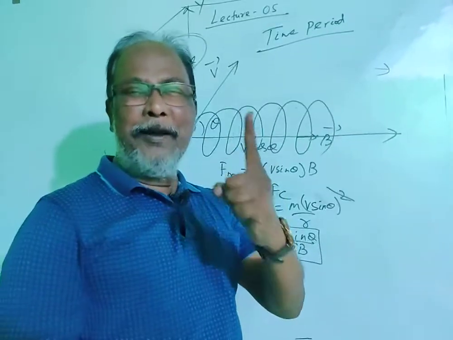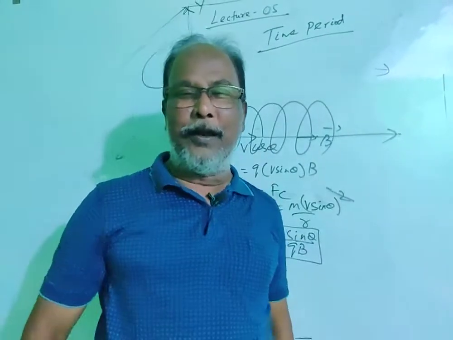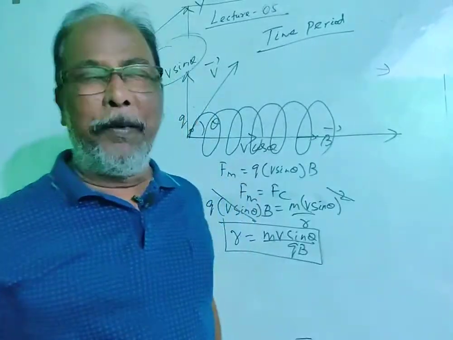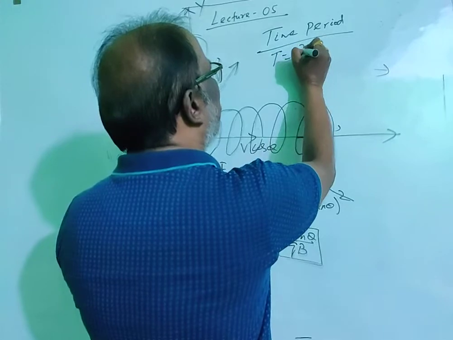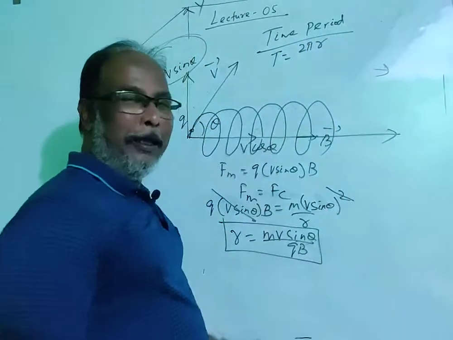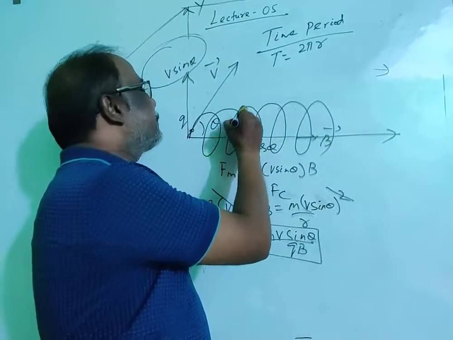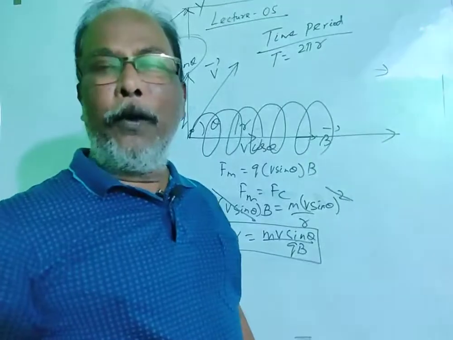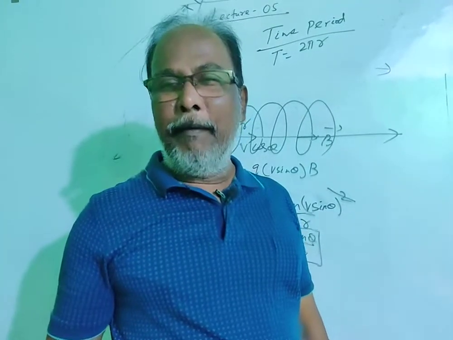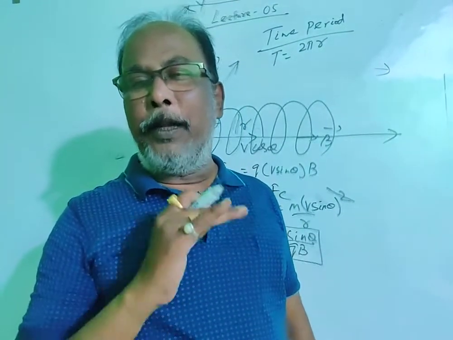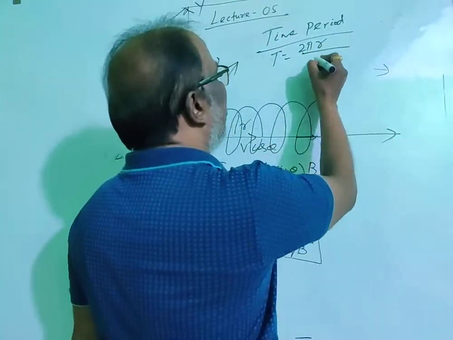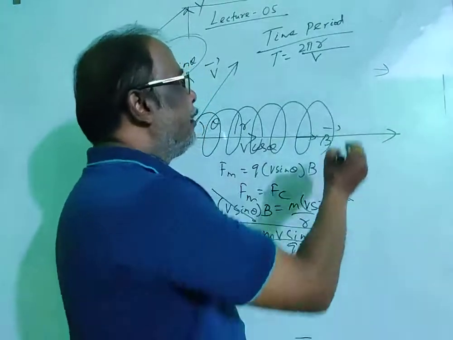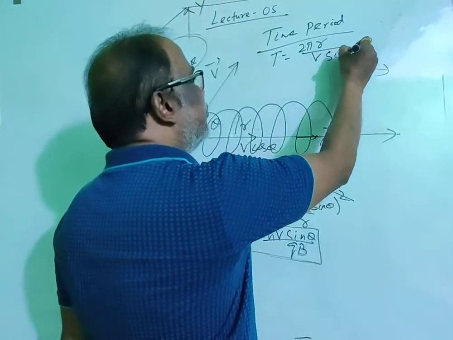So time taken for one complete revolution, T. If we consider the radius of circle is r, then total distance is 2 pi r. Then time is equal to distance upon speed. Distance is 2 pi r, and speed is v sin theta.